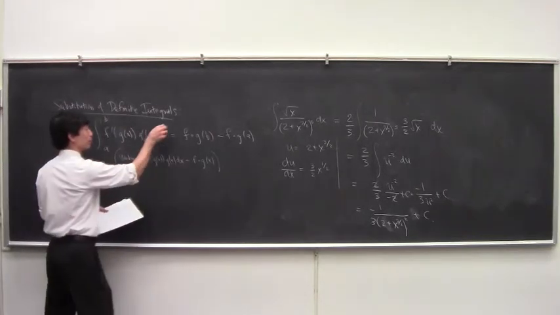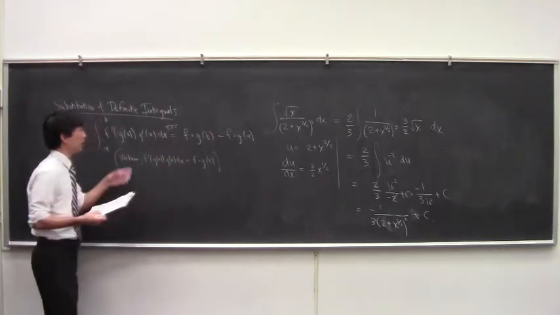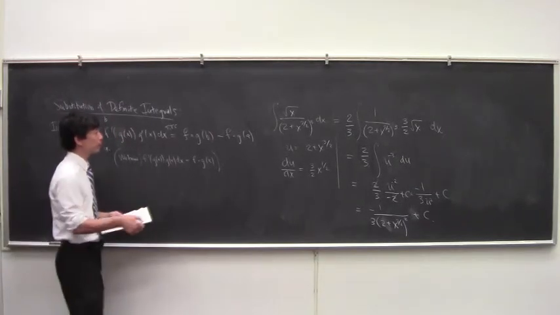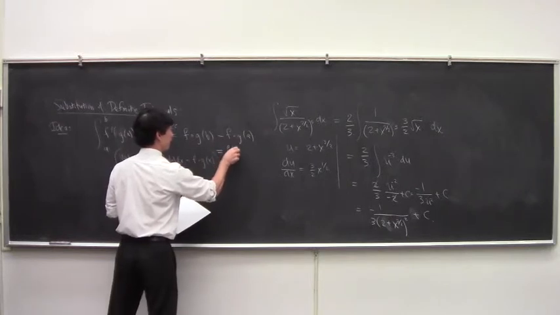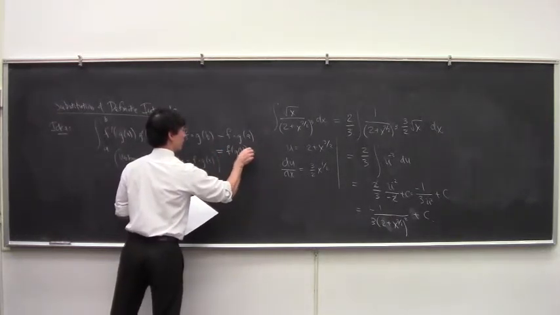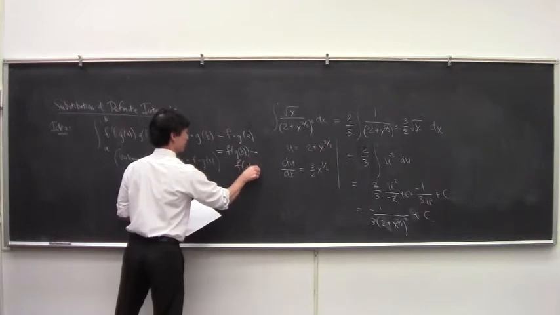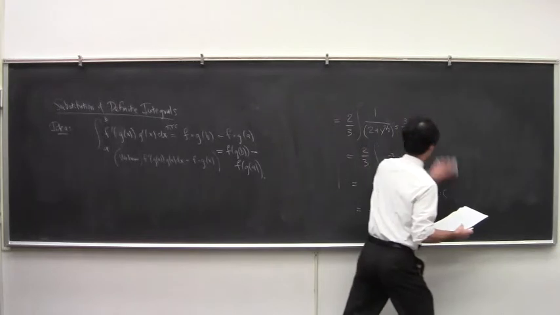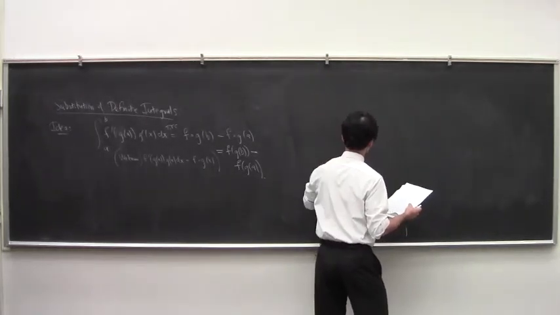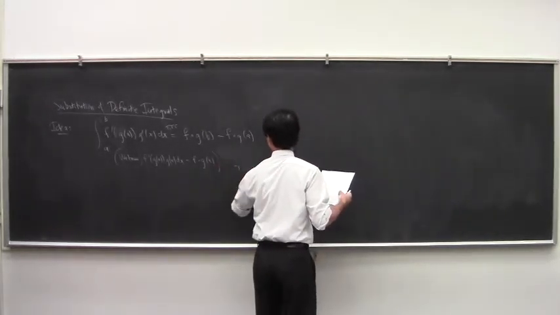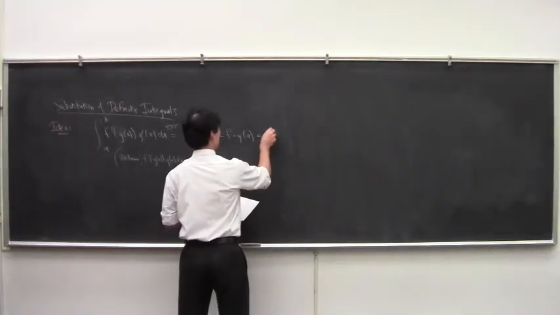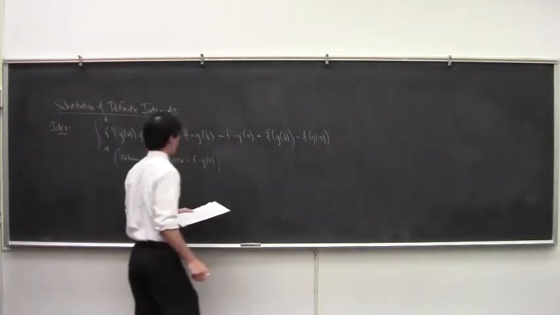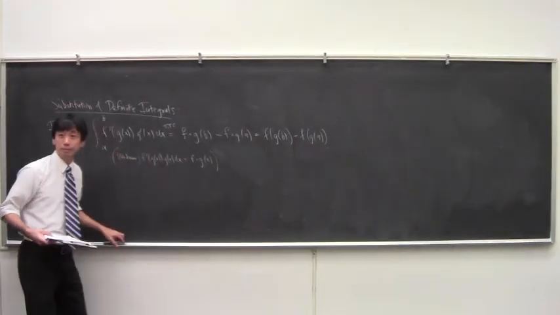You take the antiderivative and take the difference at the endpoints. In other words, f of g of b minus f of g of a. Okay? Everyone okay with that?